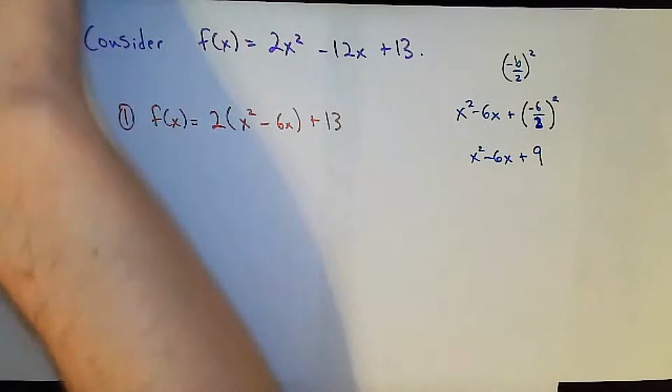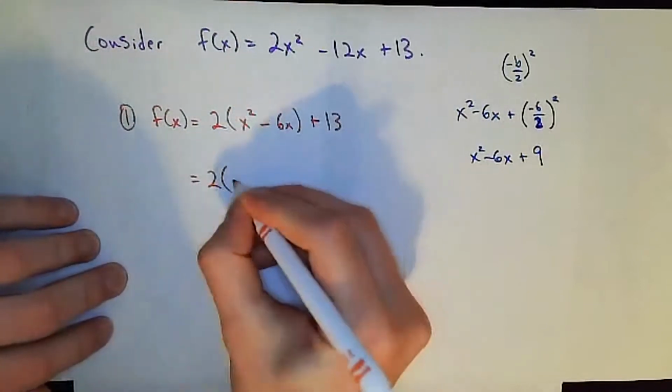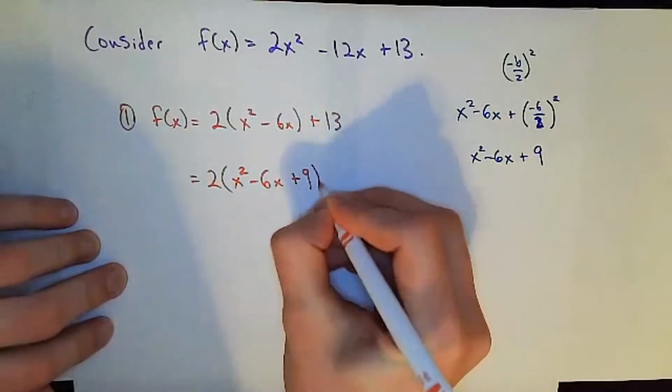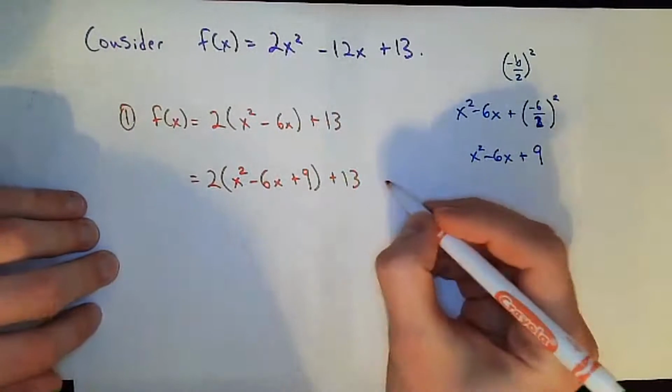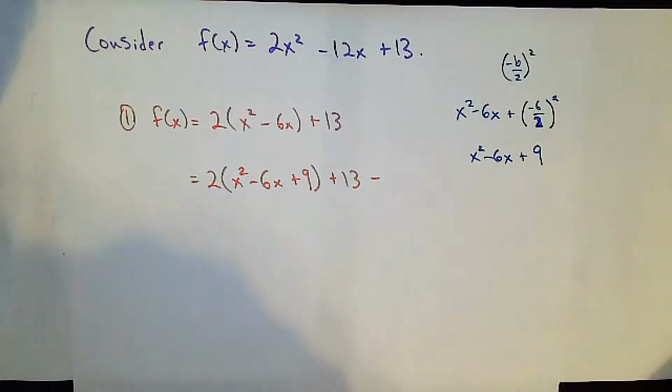So my next step: I've got 2 times x squared, and I've figured out what needs to be added inside the parentheses. I'm adding that 9. And now you might say, okay, to balance this out, I subtract 9 out here. Why is it not subtract 9? It's very close. You've got the right idea that I need to subtract something on the outside, but I'm not subtracting a 9.